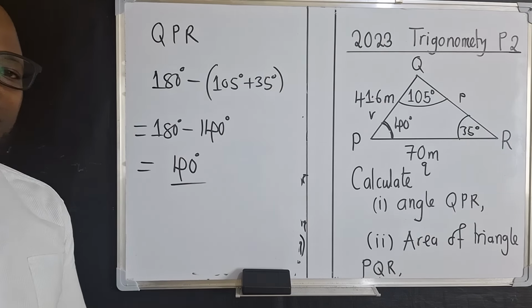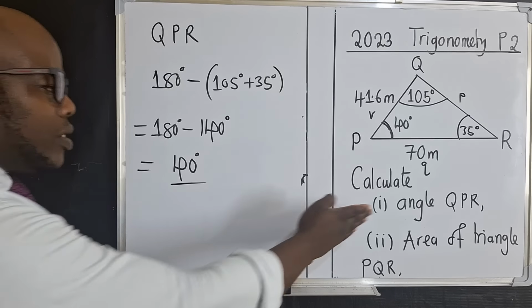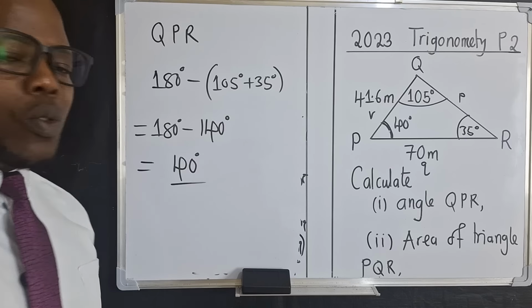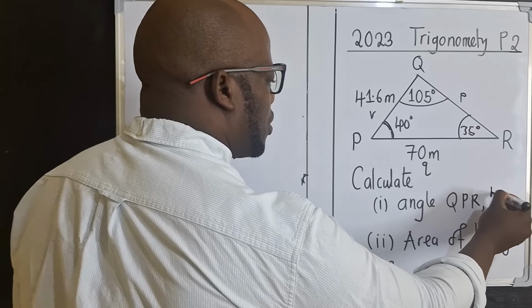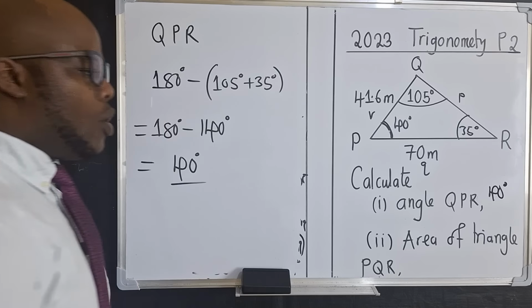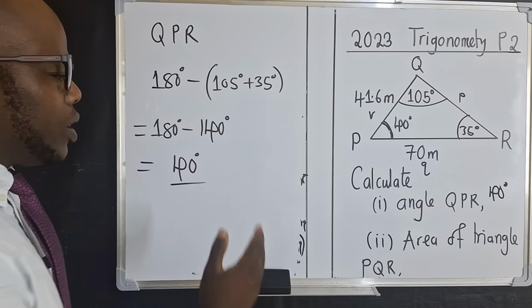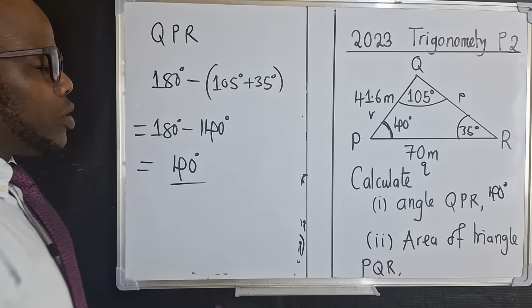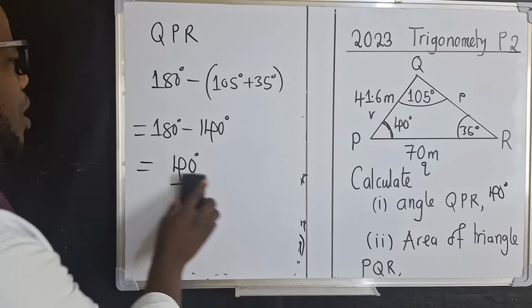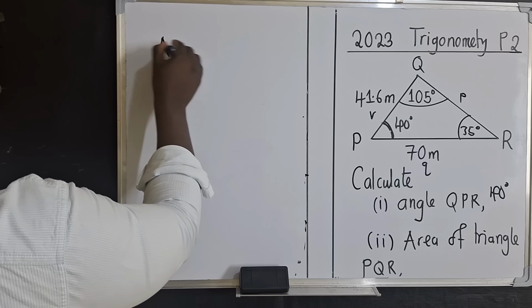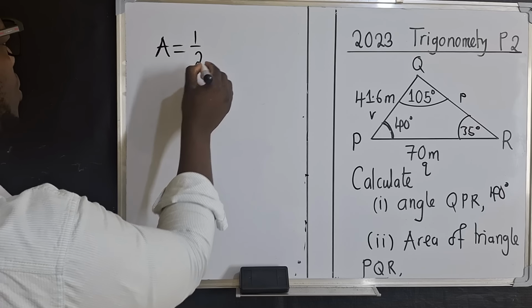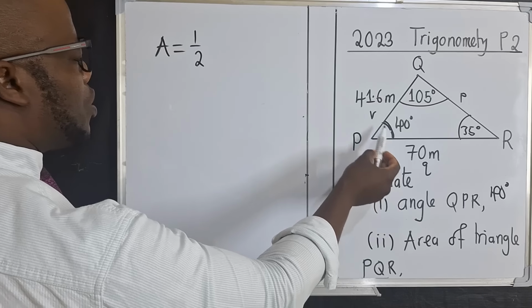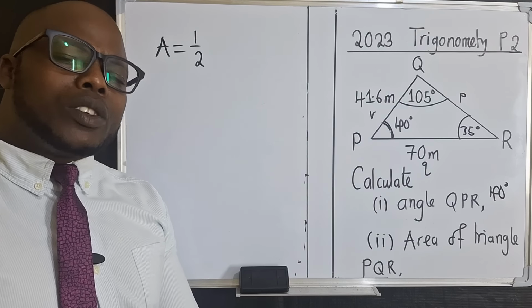So now, from here, we've answered question 1. The angle is 40 degrees. We now go to question 2. For question number 2, we of course need to calculate the area. I'm going to just say area is equal to 1 over 2. Pick an angle which is included.